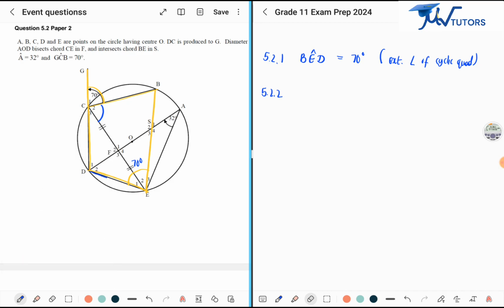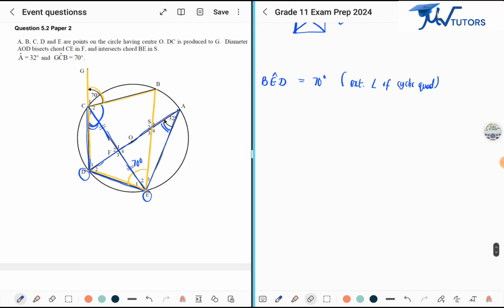If you look at chord DE, it has subtended the angle C3 and it also subtends the angle A. Okay, if you don't know how to get the angle that is being subtended, put one finger at D and another finger at E and use those 2 fingers to go along these lines. Okay, and you can see, oh, there it goes, it subtends C3. Again, look for other lines that start from D and start from E, and you can see it goes all the way to A.